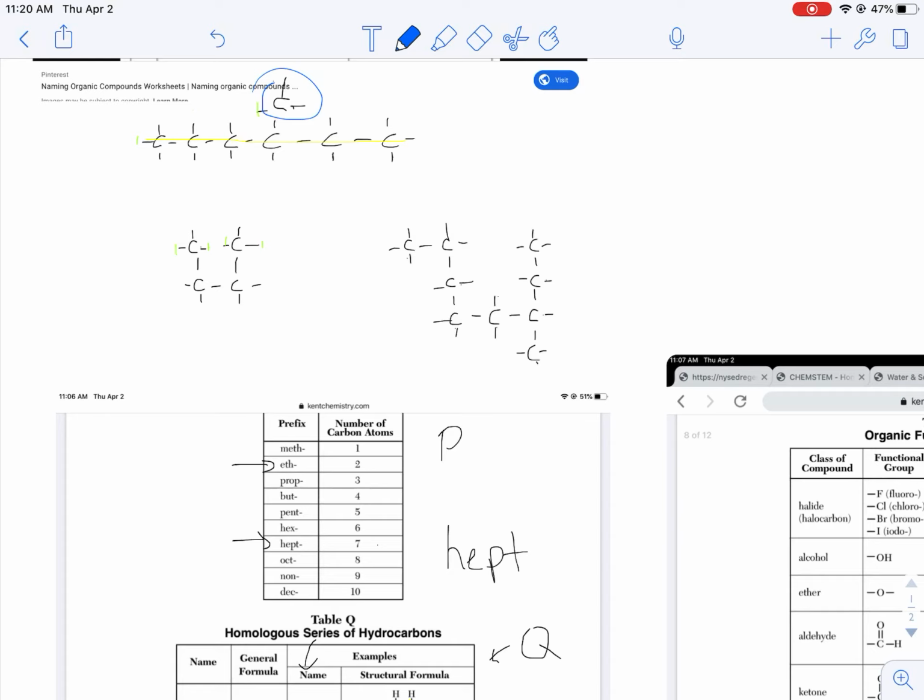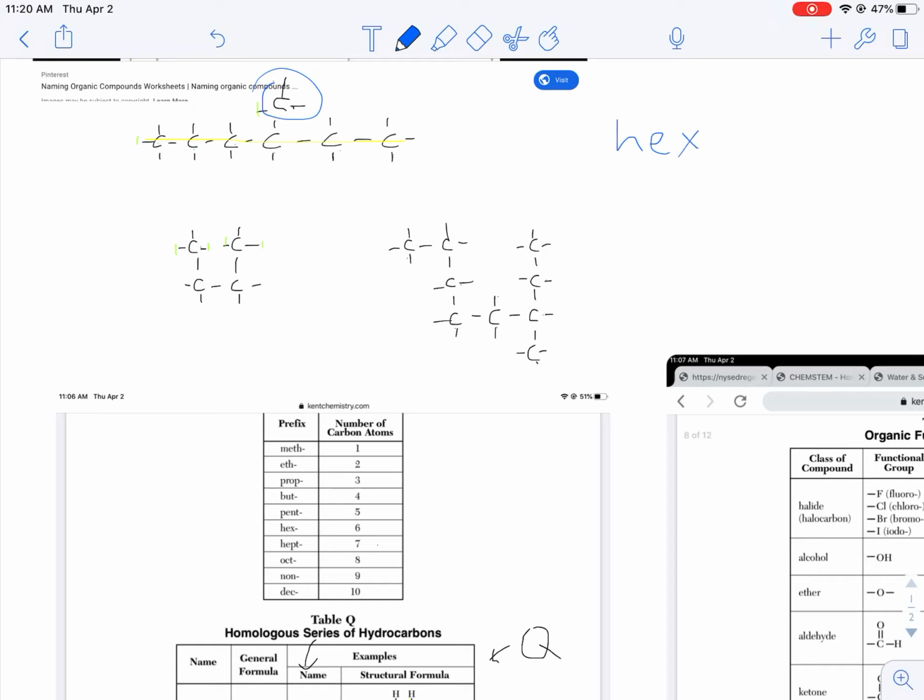So the first thing I always do is I try to name the main chain and then work off that. All right, so if I count 1, 2, 3, 4, 5, 6 carbons, and I'm going down to my reference table here below, 6 is not hept. I'm going to go ahead and look at my reference table. 6 is hex.